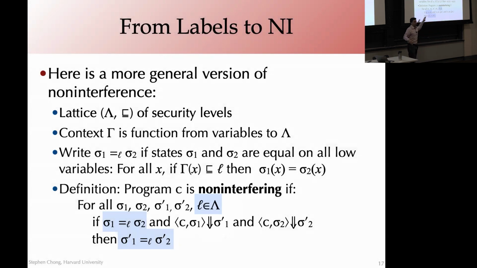I could have given a definition that was non-interfering at level L if we wanted, but we're actually going to be requiring that for any security level we're non-interfering. And so the idea of what is low security and what is high security is relative to where in this label lattice you're looking.